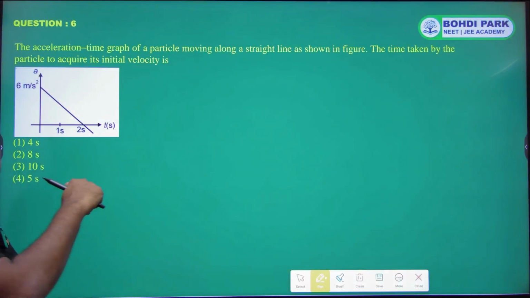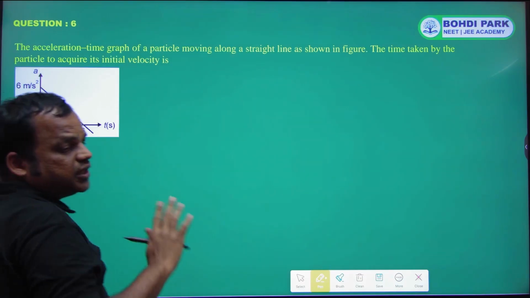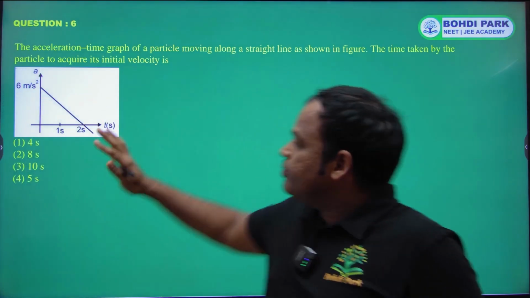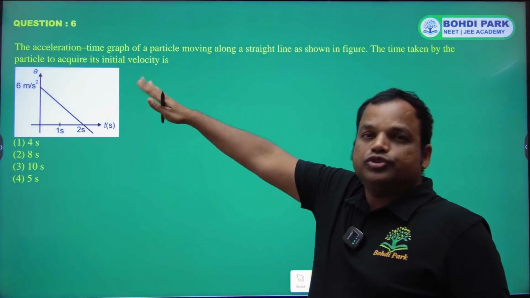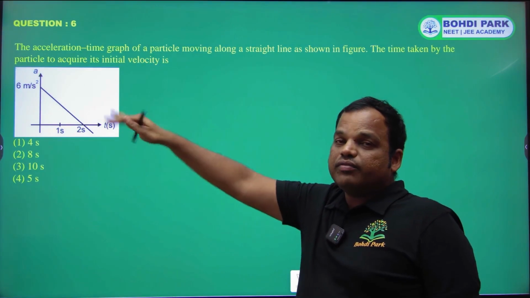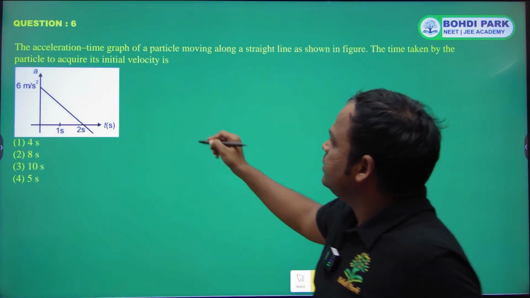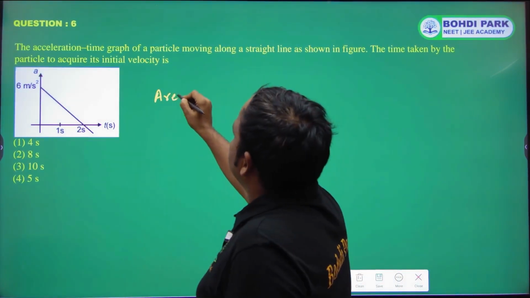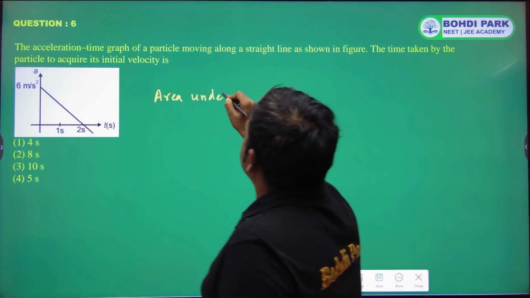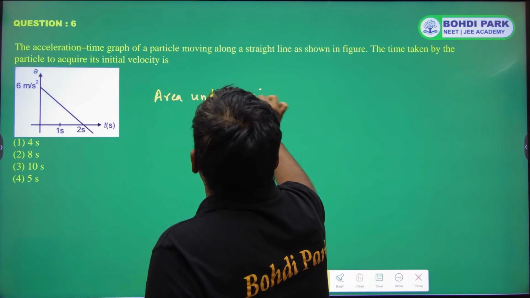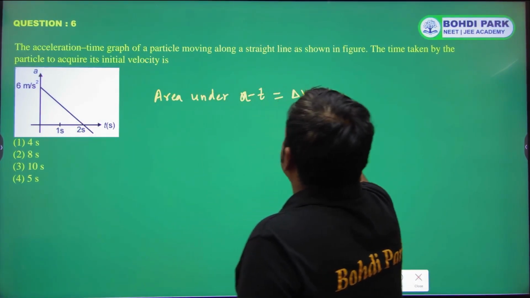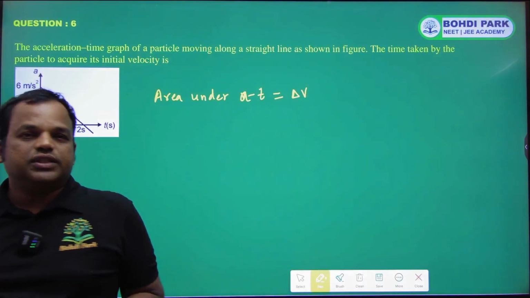Now look at this question. In this question, what is given? AT graph. So the area under the AT graph is the change in velocity. Area under the acceleration time graph is equal to change in velocity.